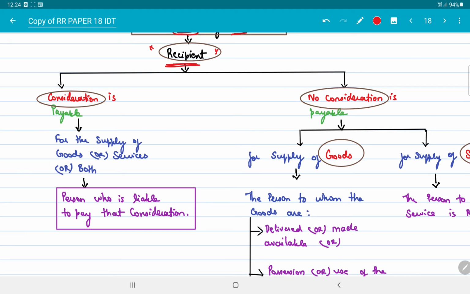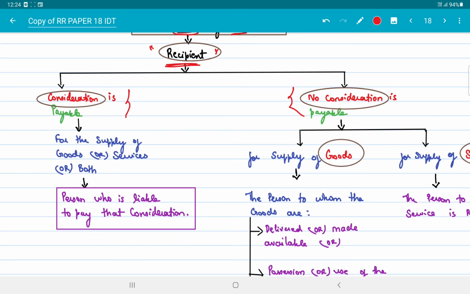A recipient, whenever there is a consideration payable and whenever there is no consideration payable, there are two different situations. If a supply is made and the recipient is liable to pay the consideration, then for the supply of goods or services or both, a person who is liable to pay that consideration is a recipient.